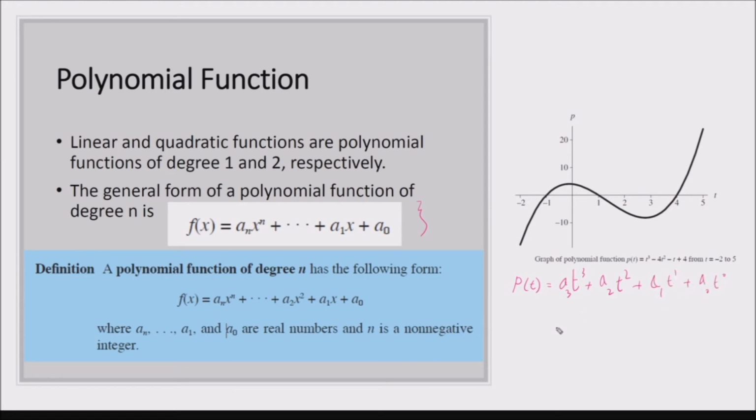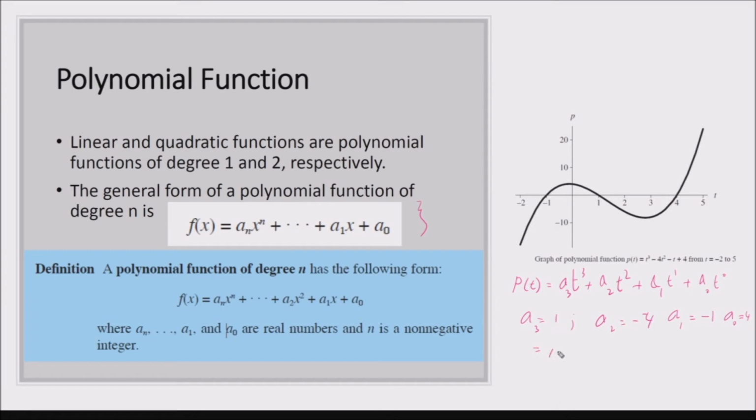Then I can apply some values: a3 will be nothing but 1, a2 in this case is -4, a1 is -1, and a0 is 4. So I apply that to this equation.